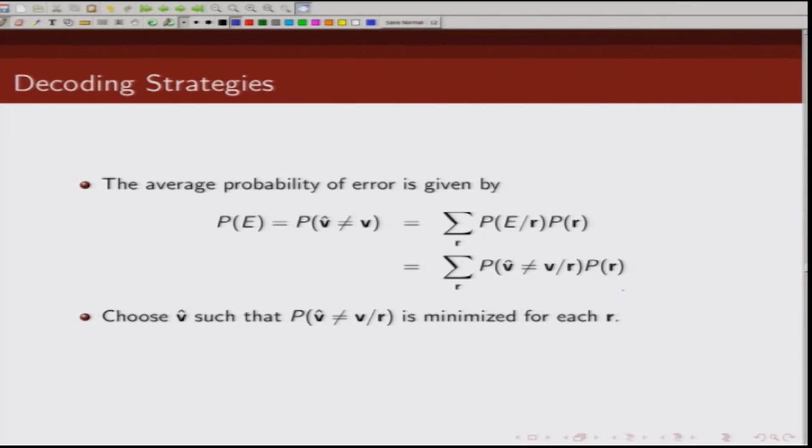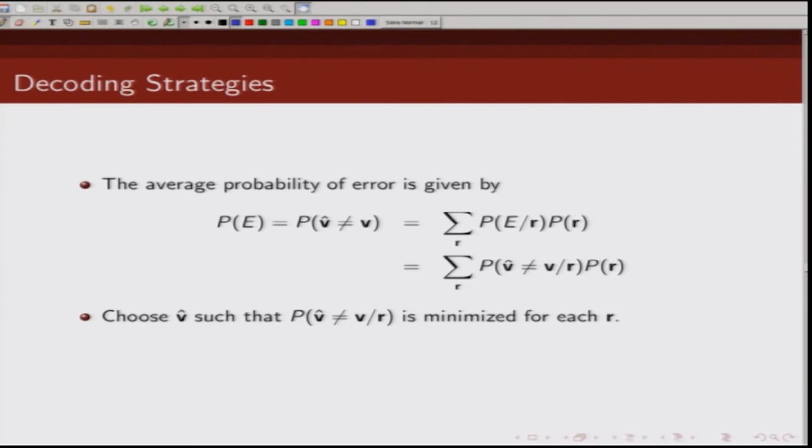So, my decoding rule should be such that this is minimized. There are two terms in this, one is P of R and the other is this term. Now, whatever V hat I choose does not change P of R. So, the choice of decoding rule does not change my P of R.